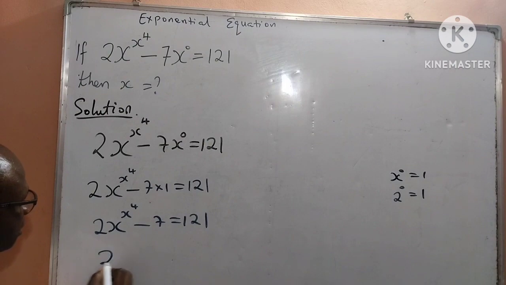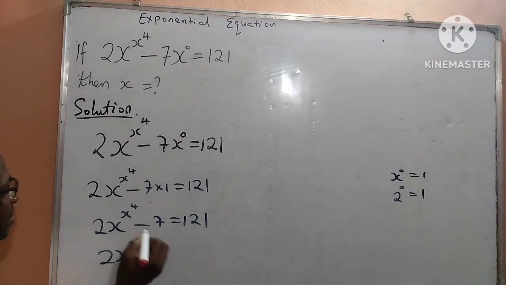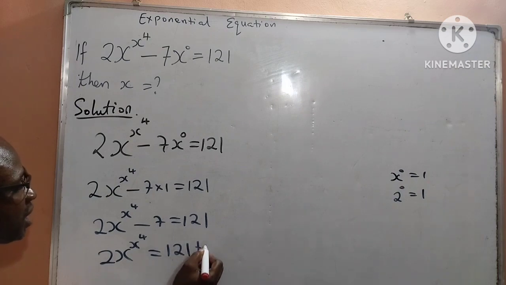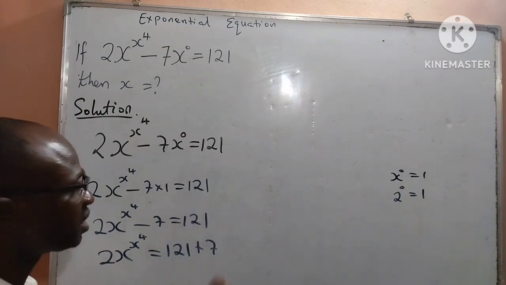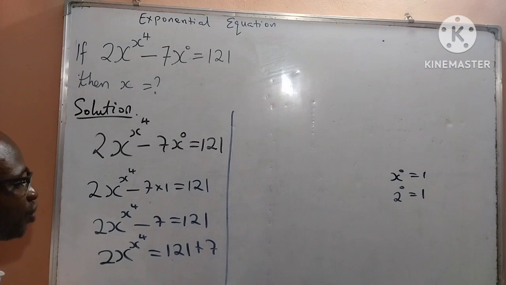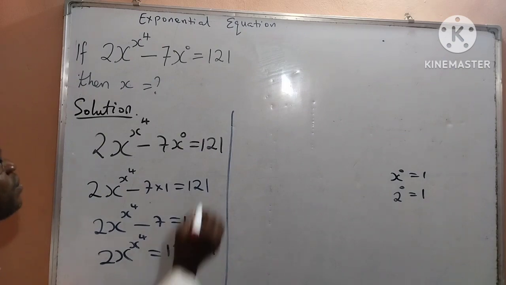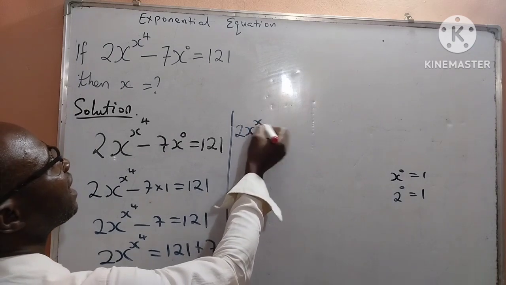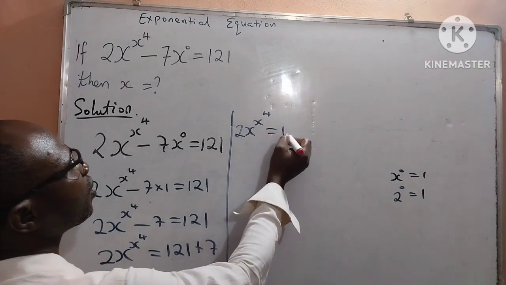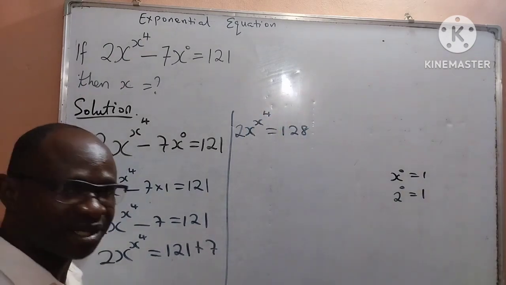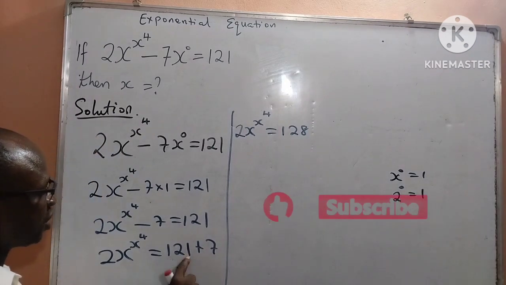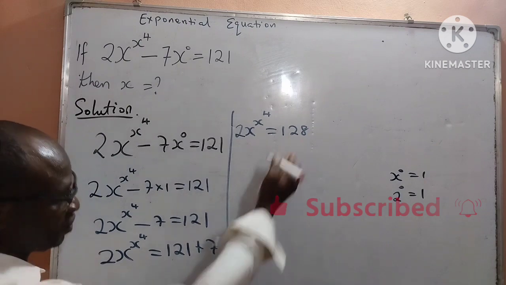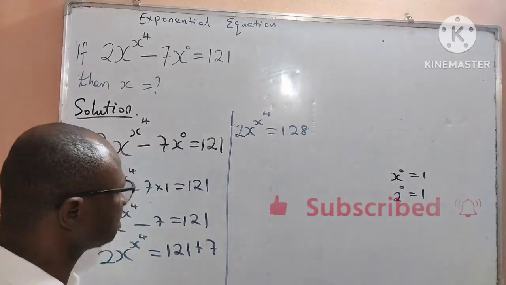This will be 2x raised to power x raised to power 4 is equal to 121 plus 7. That is where we are now. And that will still be for us 2x raised to power x raised to power 4 equal to 128, because 121 plus 7 will give us 128.